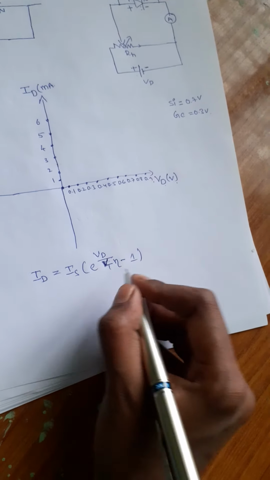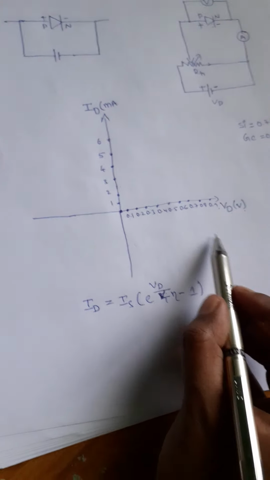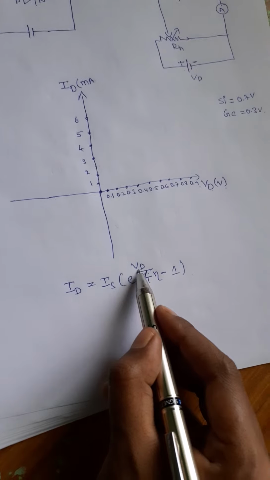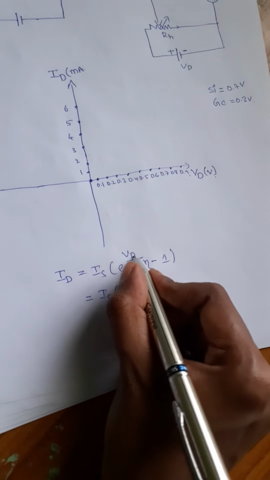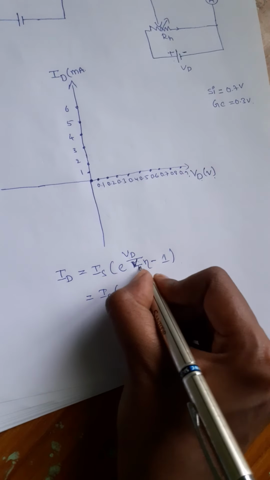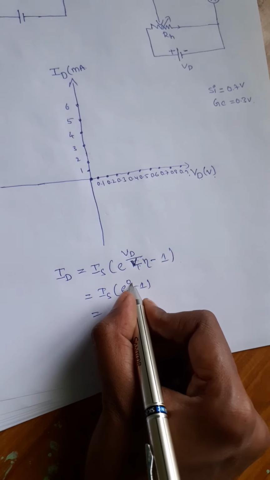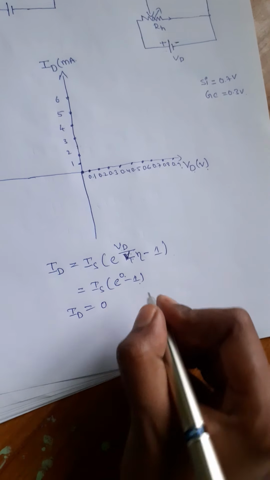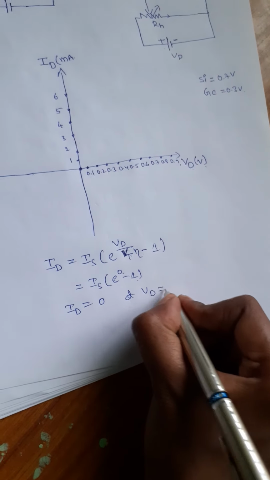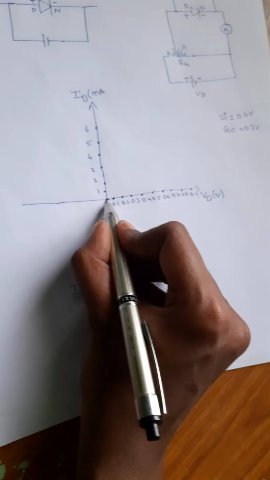Here VD is equal to 0, so we put this VD value in. e to the power 0 is nothing but 1, and 1 minus 1 gives the value 0. So at VD equal to 0, the current is 0, and the graph starts at 0.